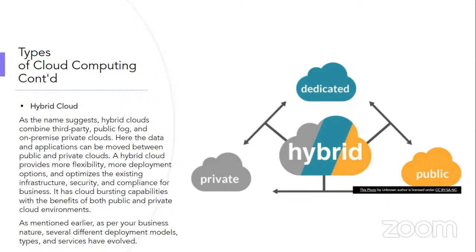As mentioned earlier, as per your business nature, several different deployment models, types, and services have evolved. This is the deployment type of cloud computing: the private, public, and hybrid, which are inside the box of deployment cloud computing. Next slide, please.